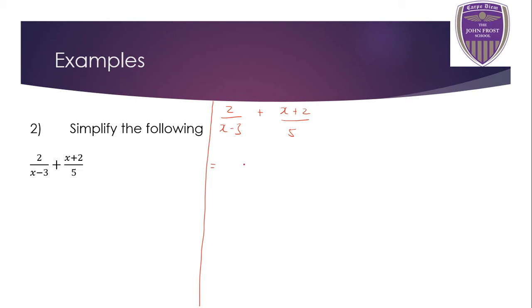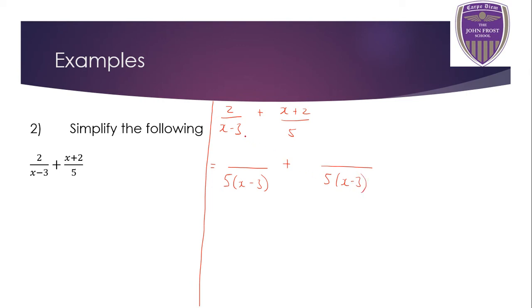Well, remember, if you're struggling to find a common denominator, you can always cheat and just multiply both denominators together. That's what I've got to do here. So I'm going to have to put both these fractions over 5 times x minus 3. So my common denominator, I'm just going to times them both together, and that will always work. It's your only option here.